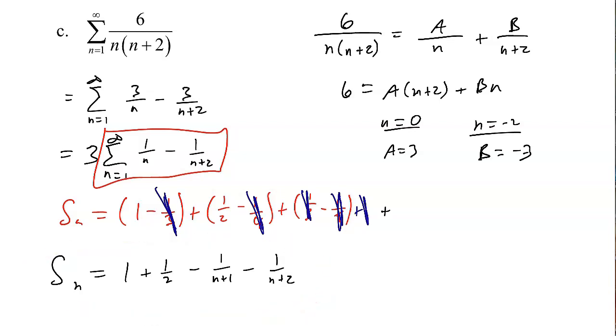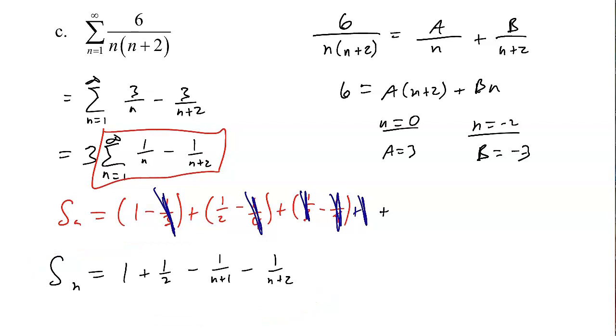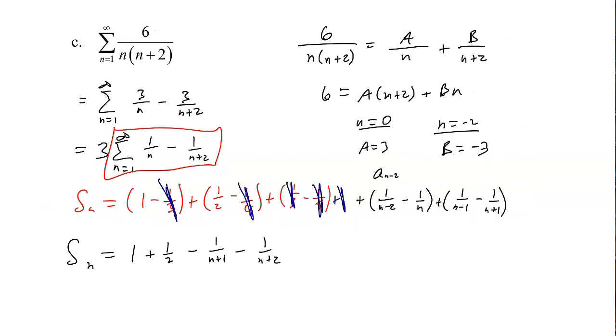All right, and then I have plus, I'm going to go 2 terms back, so n minus 2. So 1 over n minus 2 minus 1 over n, plus 1 over n minus 1 minus 1 over n plus 1, and then plus 1 over n minus 1 over n plus 2.